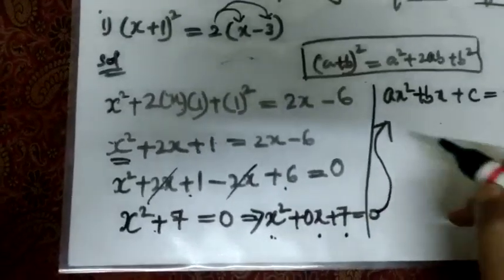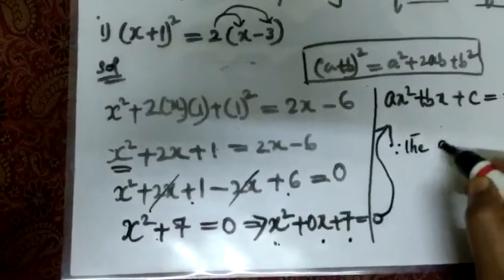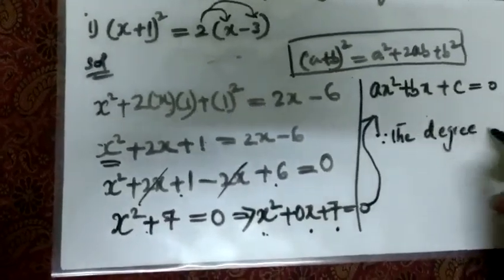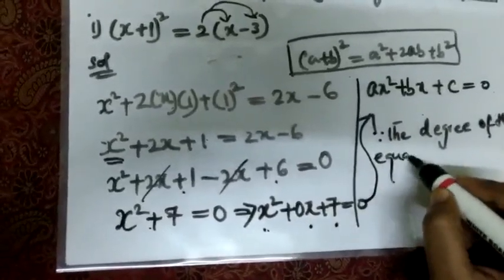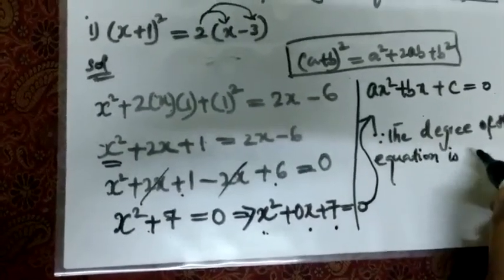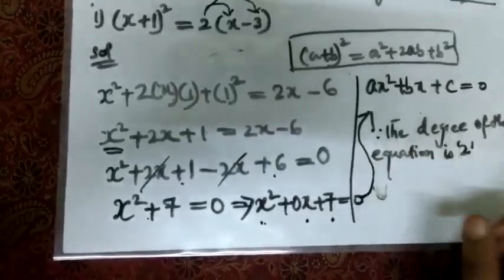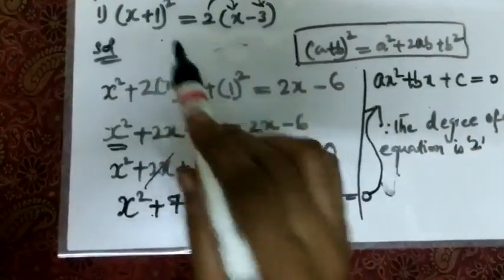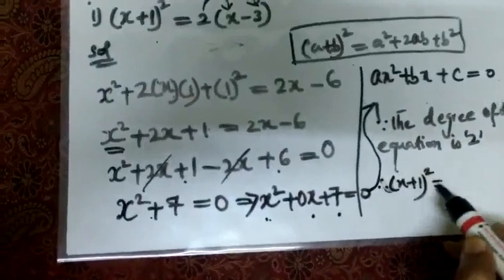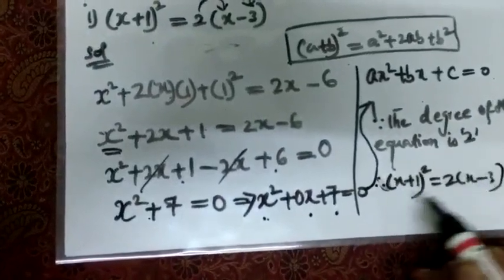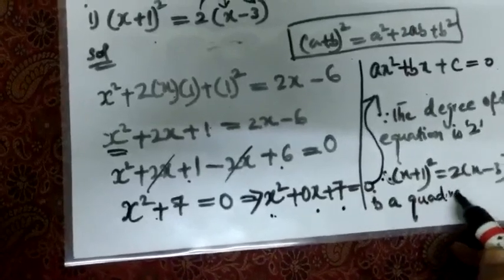And the second reason is simply you can say, since the degree of the equation is 2, it is a quadratic equation. Who is a quadratic equation? Your question which he has given. Therefore, x plus 1 whole square is equals to 2x minus 3 is a quadratic equation.